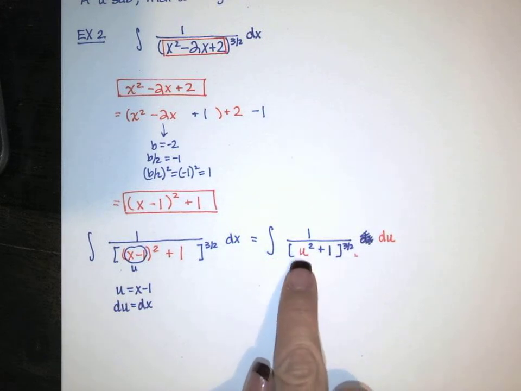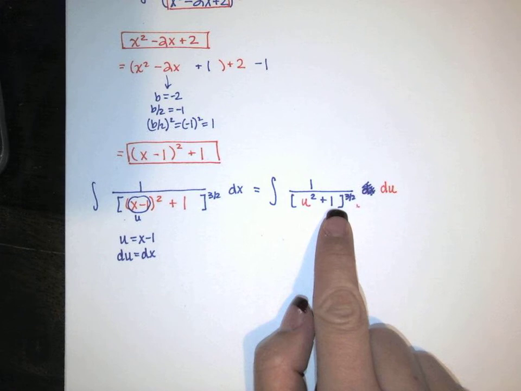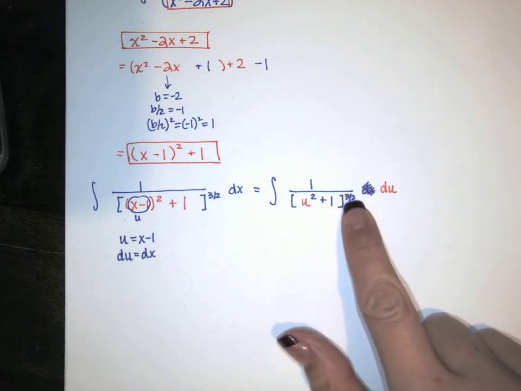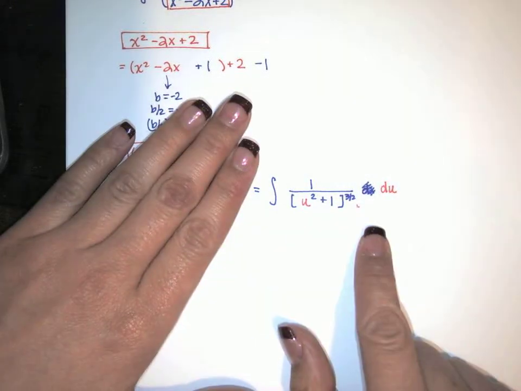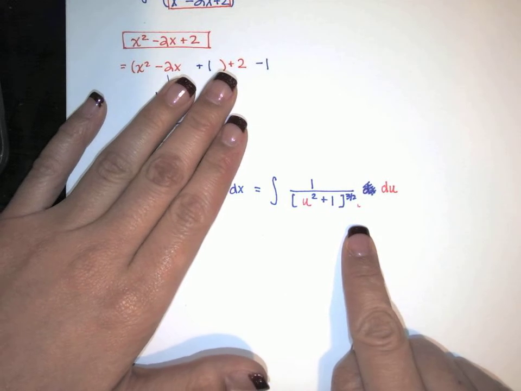And now I see the u squared plus a squared, and that makes me think of that arctangent function. But it's not an arctan because of the 3/2. If it looks like an arctan, but it's not an arctan, and it's not a u-substitution, not in this form anyway, it was a u-sub to get here, then I'm going to do a trig substitution.